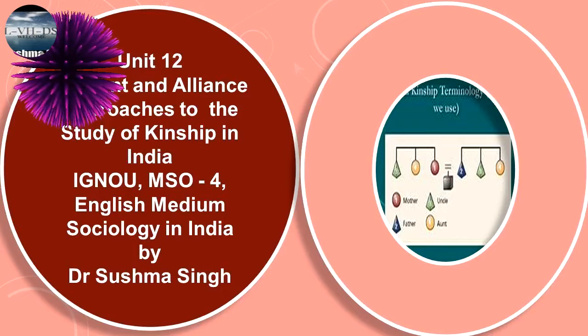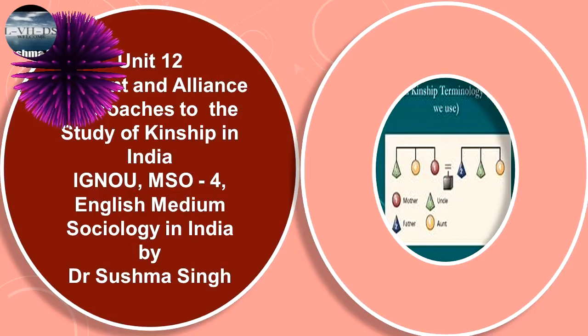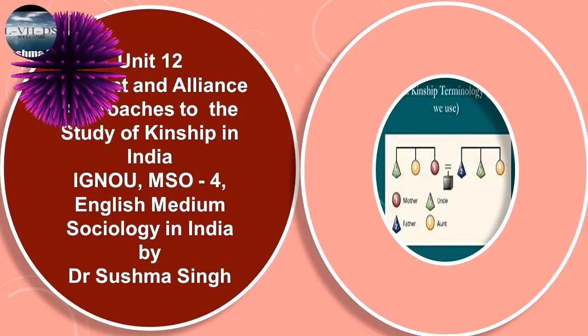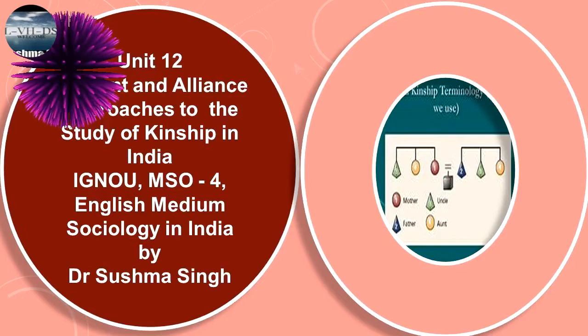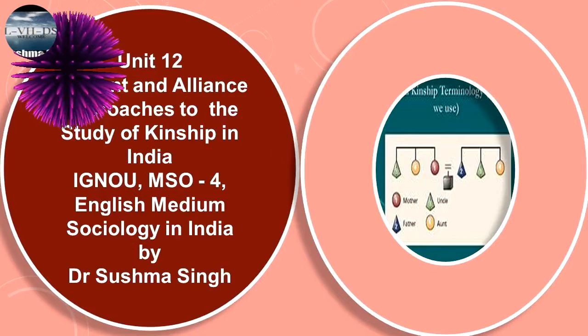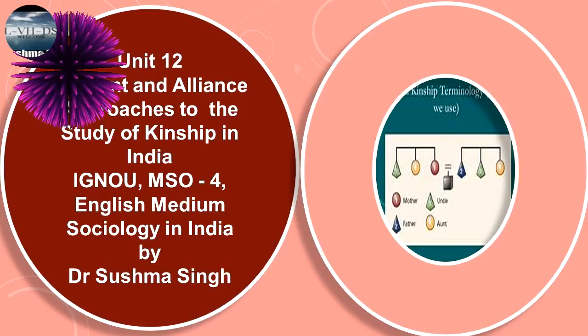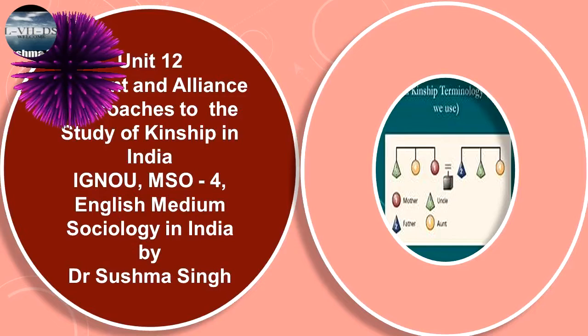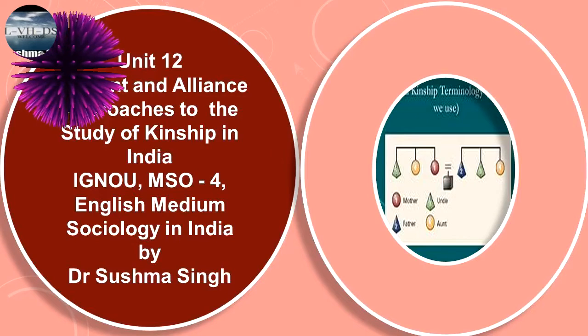Highlighting the structural implication of marriage rules in North India, T.N. Madan, in his study of the Kashmiri Pandit, distinguishes three classes of wife givers and wife takers. These are the terms used by T.N. Madan in place of bride takers and bride givers used in this unit. From the perspective of the household, there are those who give wives to it and those who take wives from it.